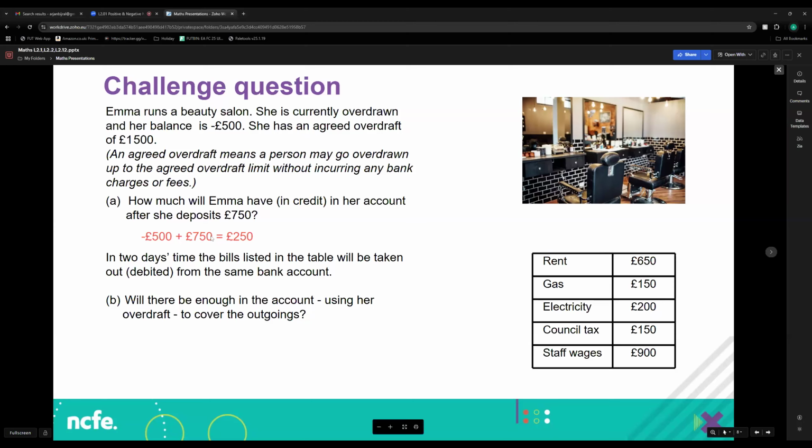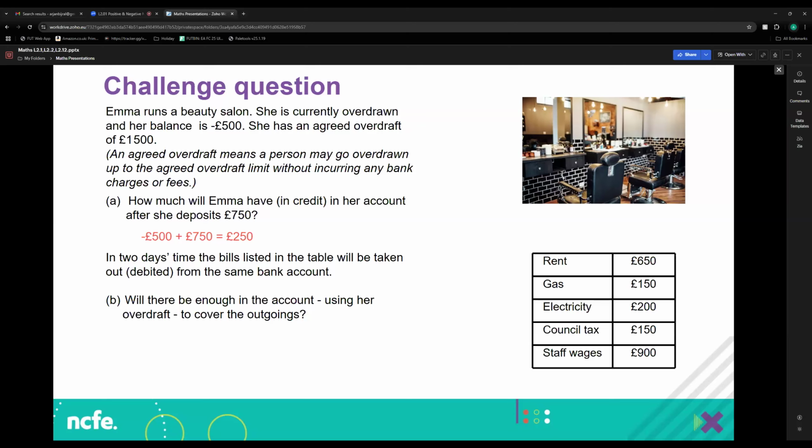She has £250 in credit in her account. Does she have enough in her account to pay these bills or no? No, she doesn't. It's 1,500, and she has only 250, so it's clearly not enough.